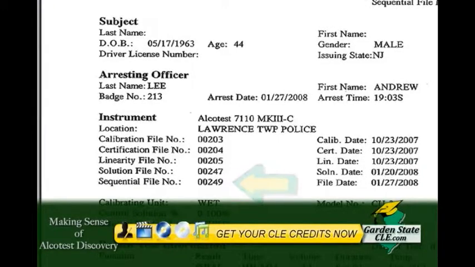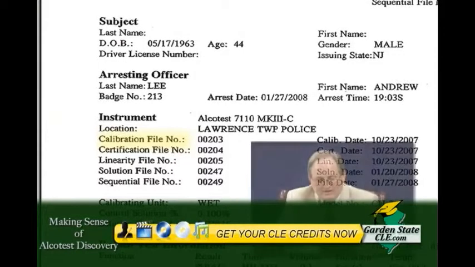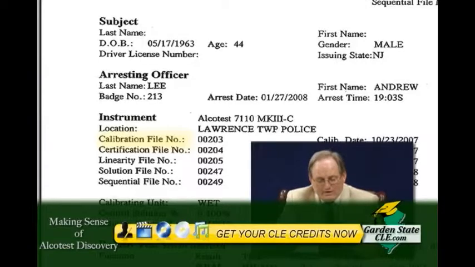The first function is the calibration file number. When we look at that form later, you'll see it's a very short form. That's basically the time when a coordinator puts a solution through the machine and tells the machine this is what a 1.0 is. Okay. Certification file number relates to what is the document that's entitled Part 1 Control Test.